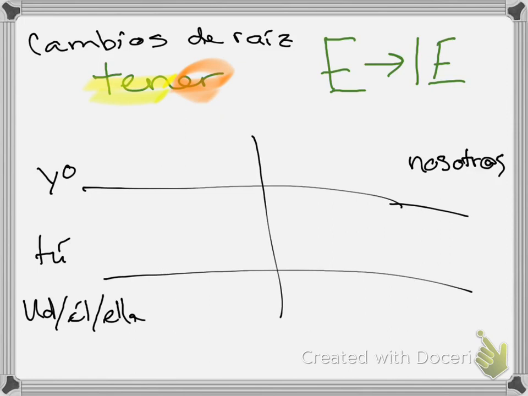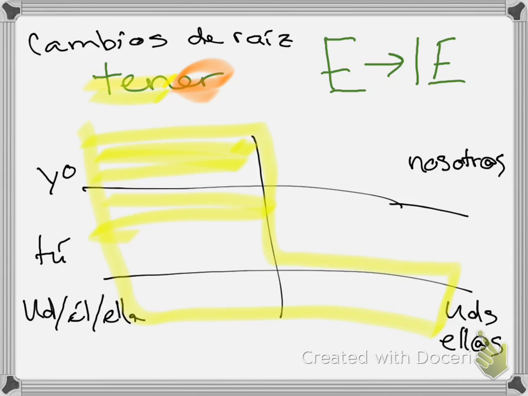This is where we'd normally put vosotros. And then we have ustedes and ellos and ellas, right? Okay, so just like my O to UE changes, my E to IE changes are going to occur just here. They're going to occur in yo, in tú, in my third person singular, and in my third person plural. Okay, so this is where my changes are going to occur.